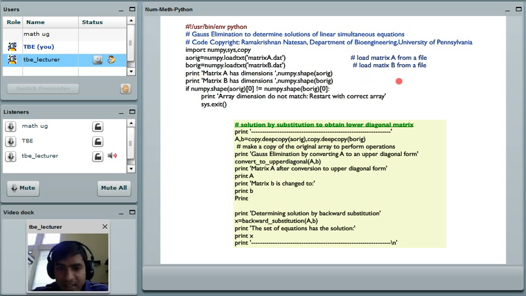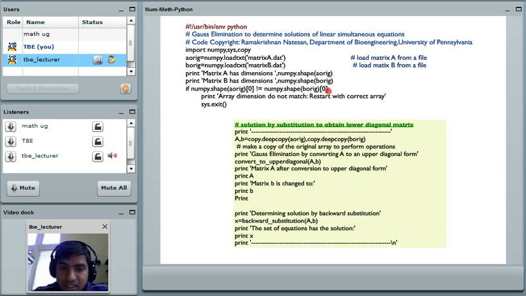And it does some very basic checks. For example, one check I have put in is whether the dimensions of A and B match with each other. If A is 3 by 3, it's important that B should be 3 by something: 3 by 3, or 3 by 4, or 3 by 5, whatever it is.